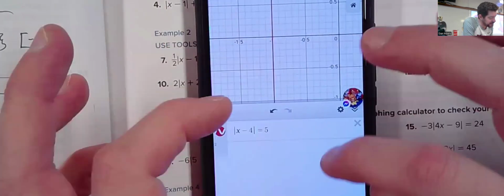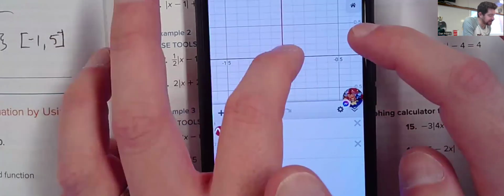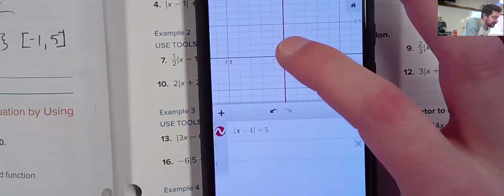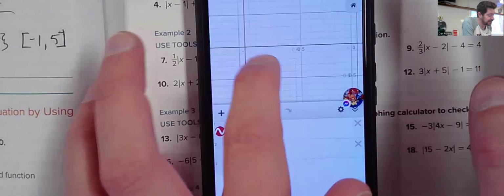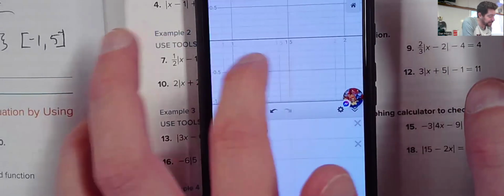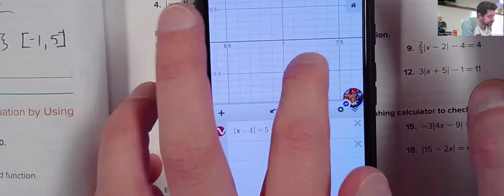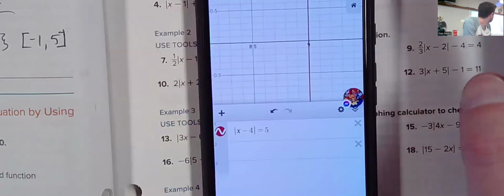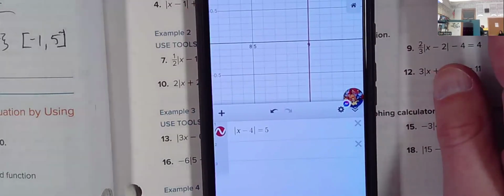I'm not sure why it's not really helping out very much here, but oftentimes you can actually click on it and it'll tell you what coordinate you're looking at. I don't see why it's not doing that here, but -1 for sure. And then over here, we've got 9. So -1 and 9 are the two answers for problem number 1.